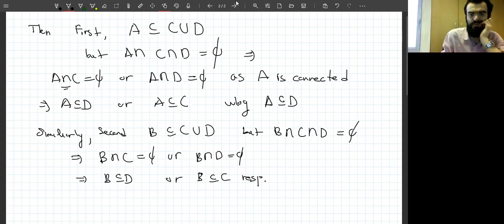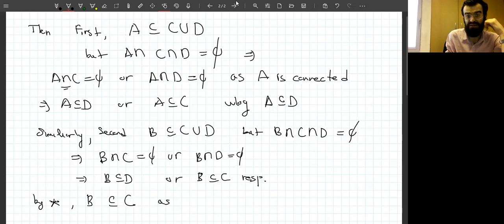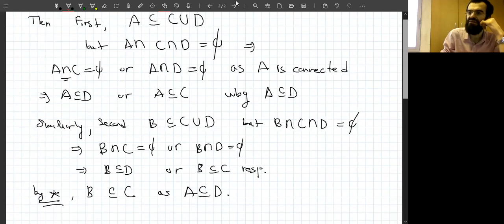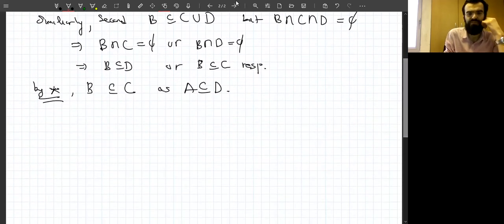So by star, A union B is contained in C union D, but (A union B) intersection C and (A union B) intersection D are non-empty, implies B is a subset of C as A is a subset of D. Okay, if you check the star, you will see what I mean.